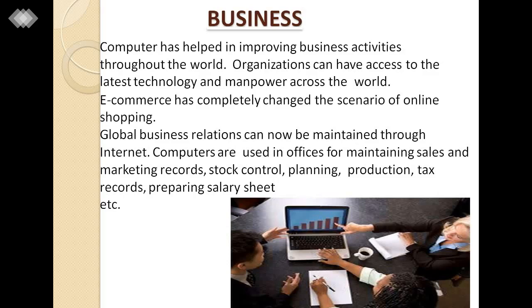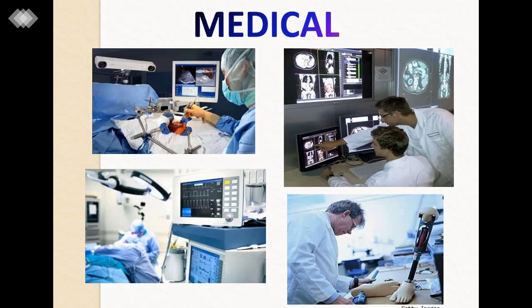We also saw how business activities are done all over the world with the help of computers, like planning, stock controlling, production, tax reporting, preparing salary sheets, and maintaining sales and marketing records. Computers are useful in offices and in the business line.